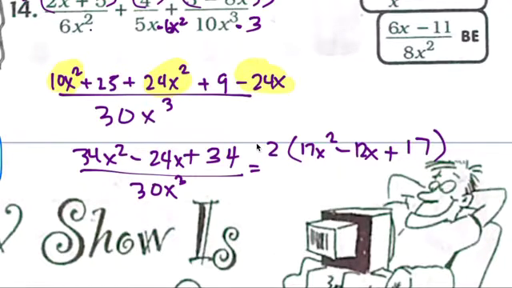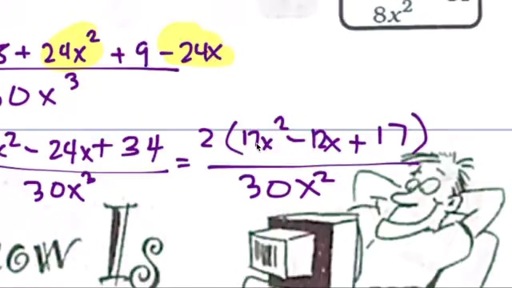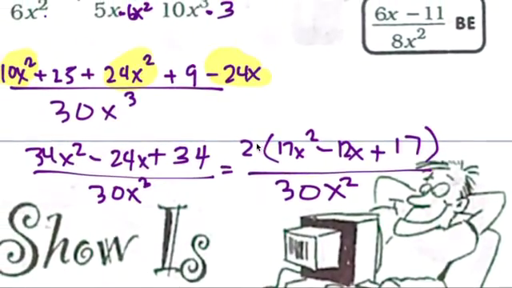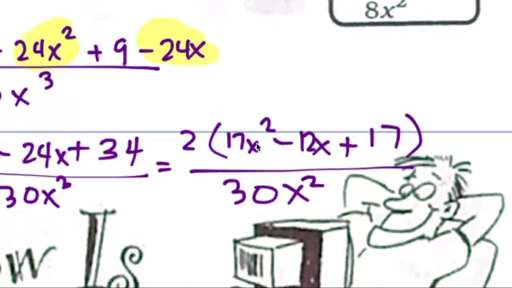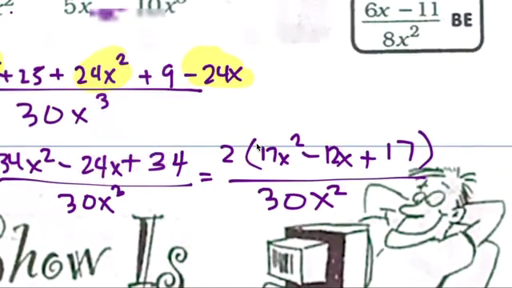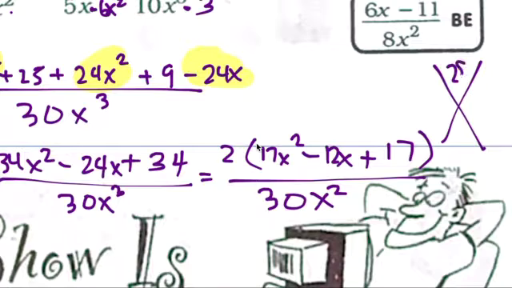All over 30 squared. Let's see if this 17 times 17, they're not perfect squares. So 17 times 17 is 289. You do your magical X, and minus 12. Let's see. Does 3 go in? 4?